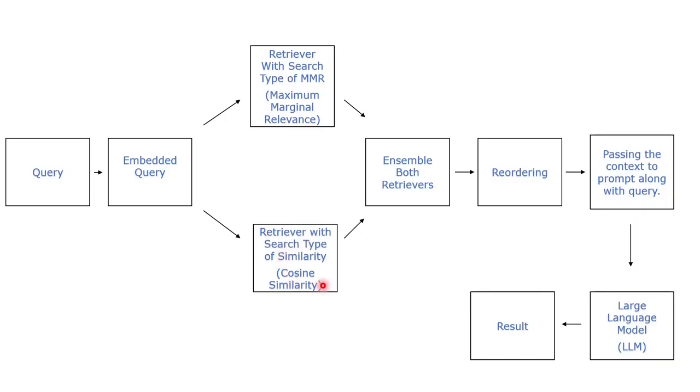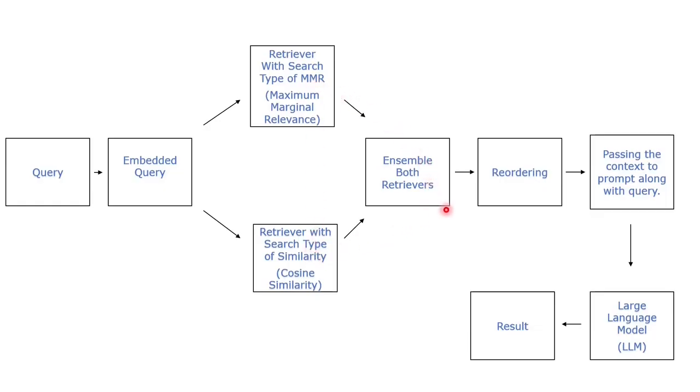Cosine similarity checks the cosine angle between two vectors to check how close they are, meaning how relevant they are to each other. And maximal marginal relevance returns the most relevant documents by preventing redundant data. After getting relevant documents from both retrievers, we use an ensemble retriever to ensemble the results from both.